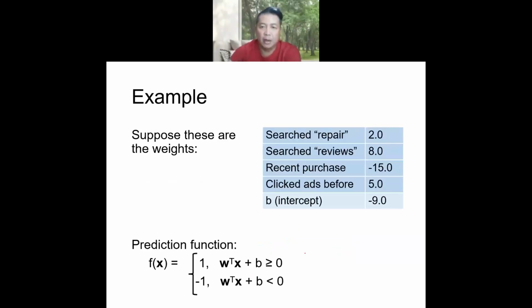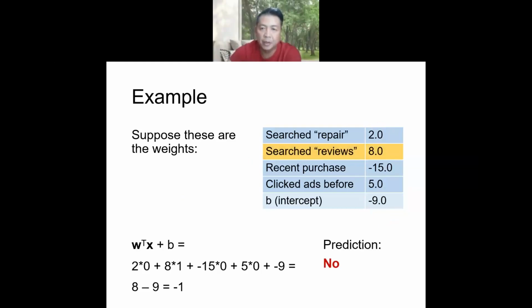Suppose that we have the weightage. This is the estimated weightage that is learned by the perceptron. So how do we decide the prediction function here?